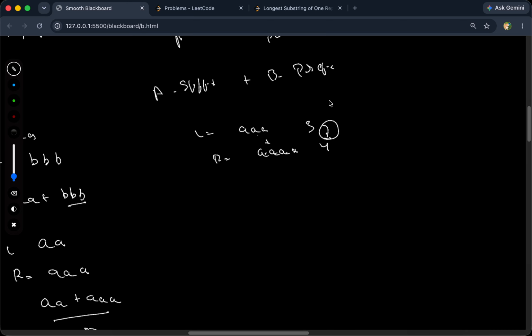Okay, now let's create. See, first we have to create the nodes. First we need a structure to store the information we just discussed.